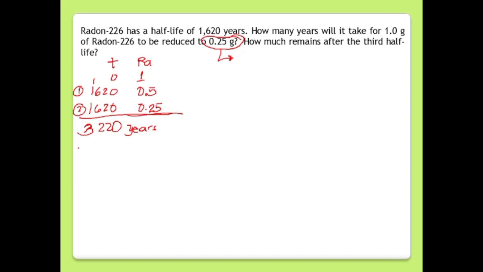So, magkakaroon ulit tayo ng third half-life. That would be 1,620 years ulit. So, that would be 0.25 divided by 2, 0.125, no? So, that would be 0.125 gram after third half-life.